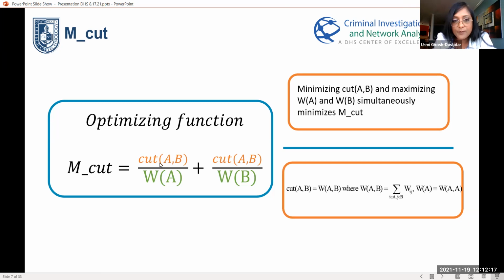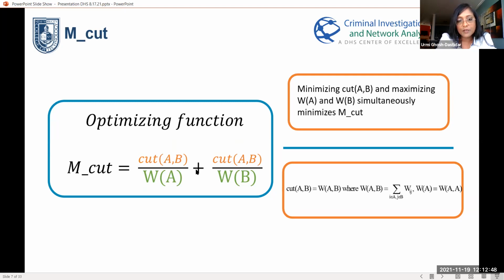And WA is basically the weighted matrix for the communication strength between the nodes within the same group A, and likewise WB for group B, whereas cut AB represents the communication strength between the nodes belonging to 2 different clusters A and B. This is the important thing.